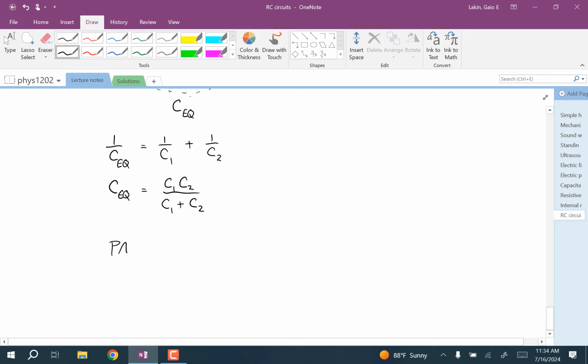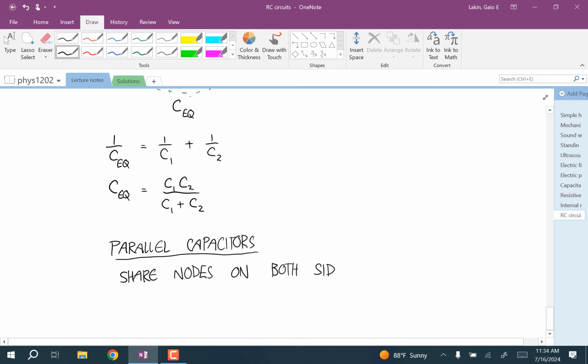And now what about parallel capacitors? Remember that the definition of two elements being in parallel is that they share nodes on both sides. And other things can share those nodes too.